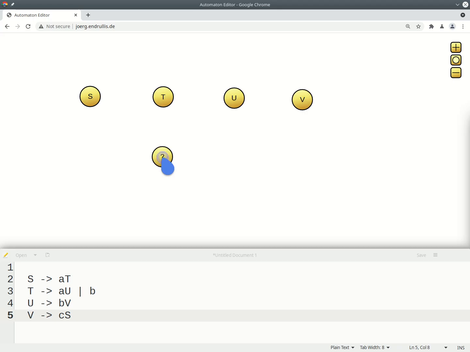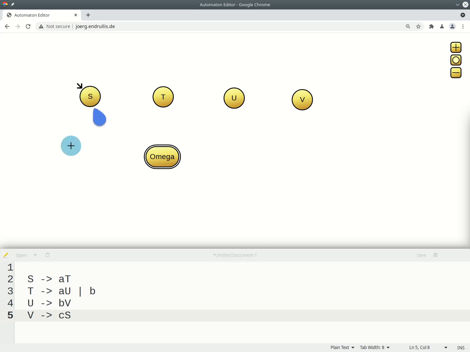Let's put this here. Omega. So omega is our final state for acceptance, and S is the starting symbol of the variable, so the initial state, the starting state of our automaton.